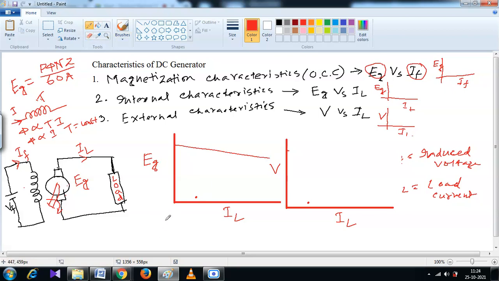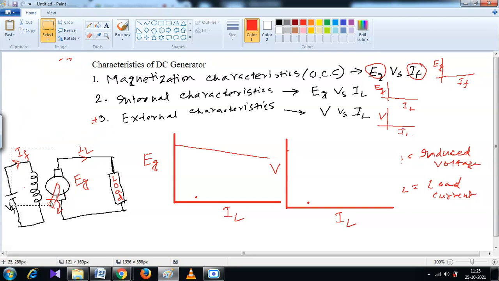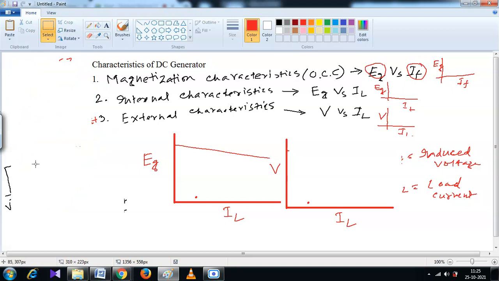And can anyone tell me what is the relation between EG and V? Have you remembered the equivalent circuit of a DC generator?